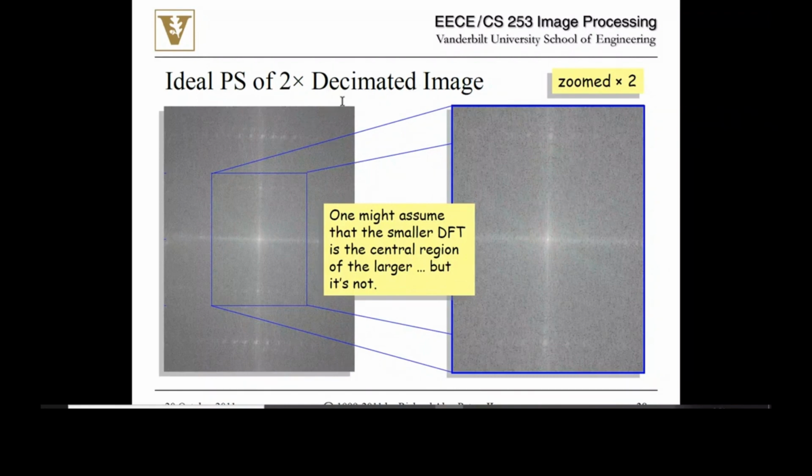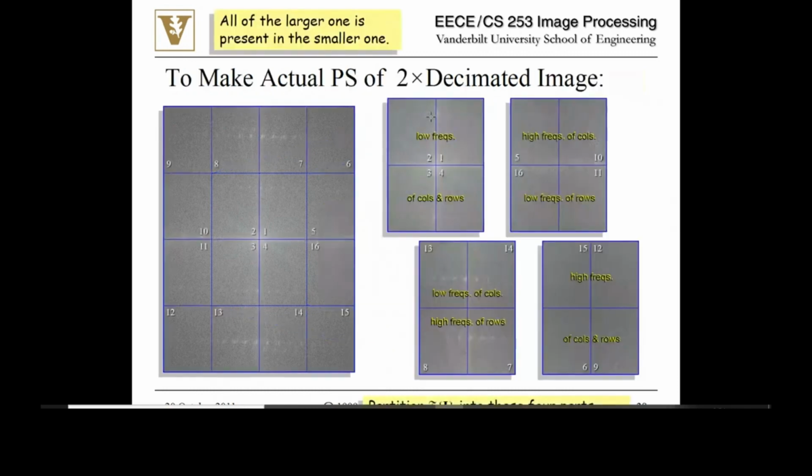Ideally, if this is the original Fourier transform, after the decimation by a factor 2, I will have the central area. But this central area is contaminated with the nearby copies. And let's see how that happens.